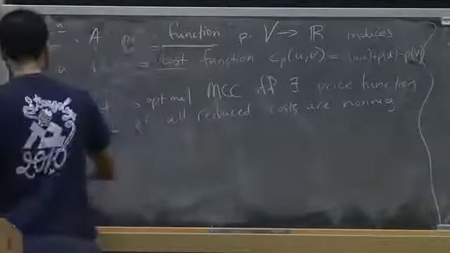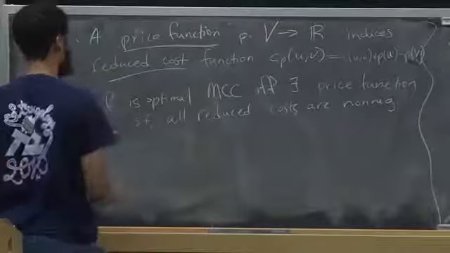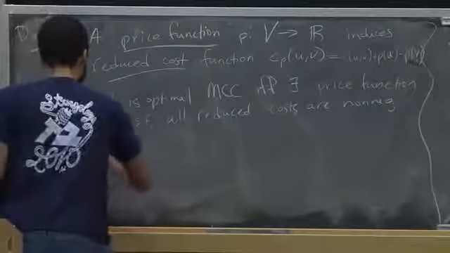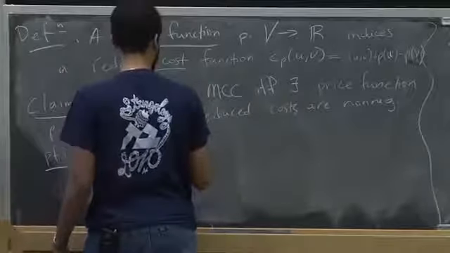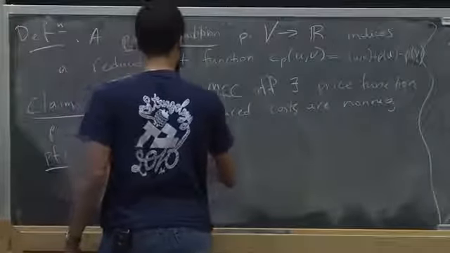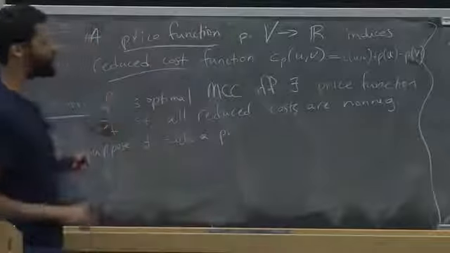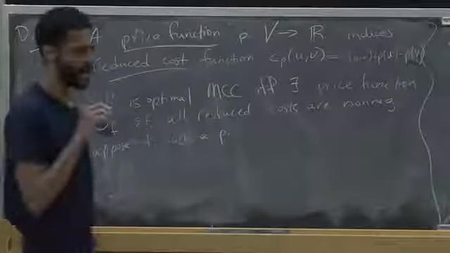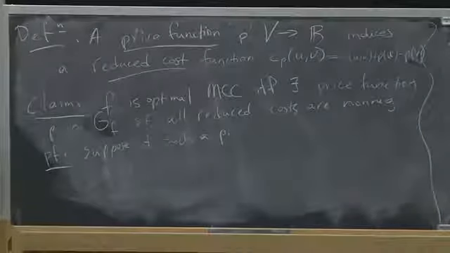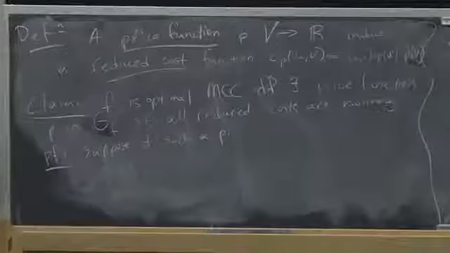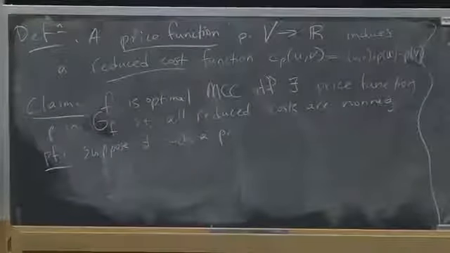So proof. Let's do one direction. Suppose there exists such a price function, such that all the reduced costs are non-negative. I have a question for you. What's the cost of a cycle using the original cost function versus using the reduced cost function? It's the same, because these PUs and PVs cancel along the cycle.